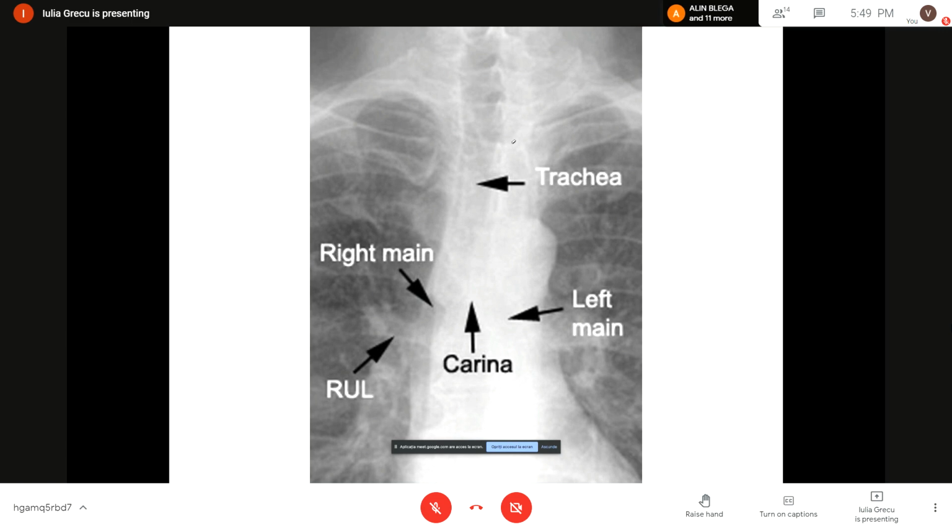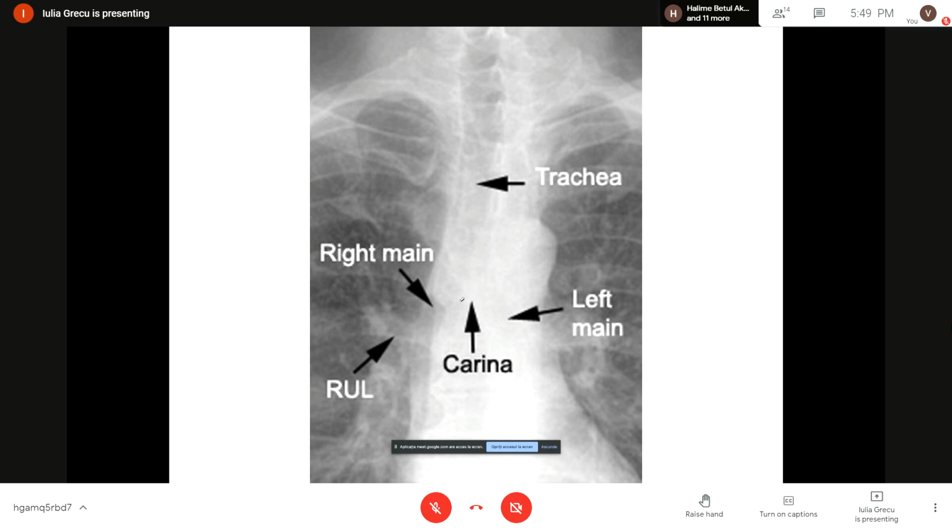It has the same width on all its length, and at the level of the fourth or the fifth thoracic vertebra, it divides in the two main bronchi, the right main bronchus and the left main bronchus.